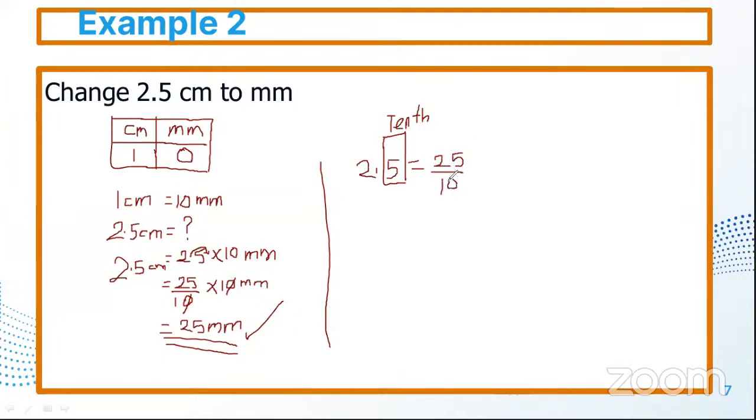It is the same as 25 tenths. If you know how to write those fractions in words, 25 tenths, because of the place value of 5, that is how you can change it into a fraction. When you change to a fraction, you come back and multiply by millimeters.